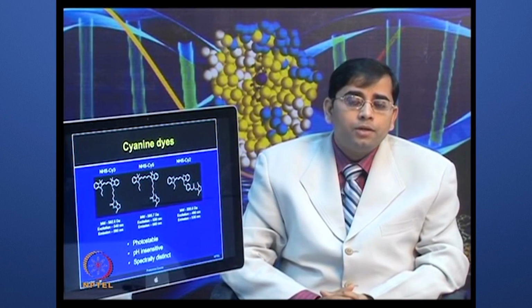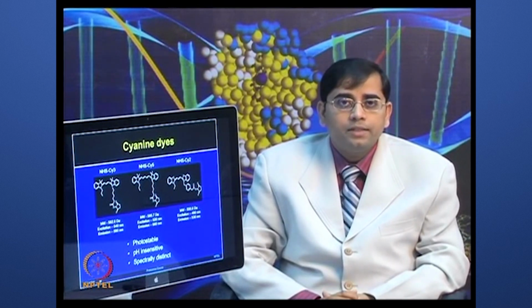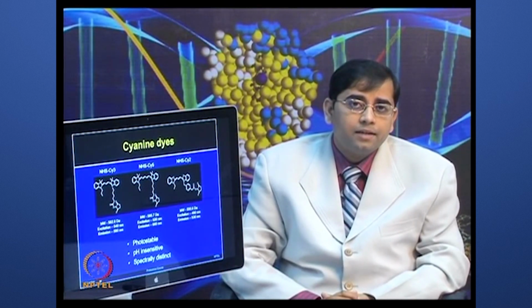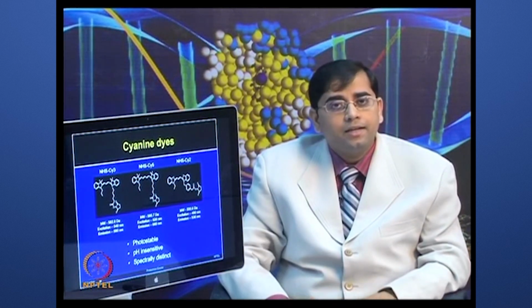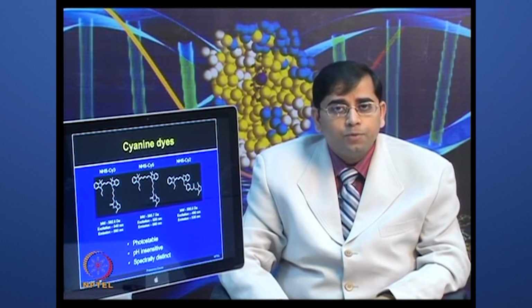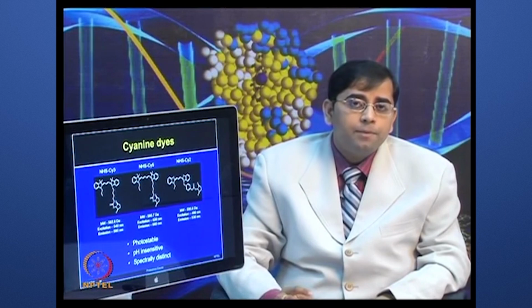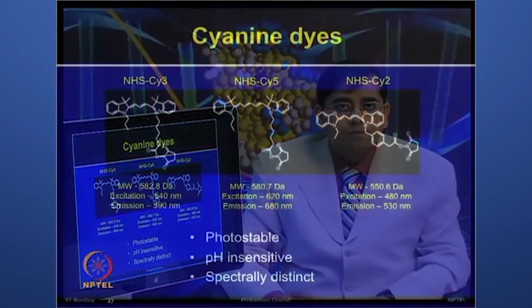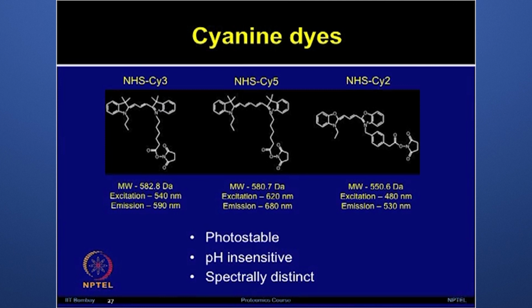Now, I will talk about the labeling methods used in DIGE technology. When we were talking about the two-dimensional electrophoresis workflow in the last class, we looked at different types of staining methods currently available, such as Coomassie, silver staining, SYPRO Ruby, and in that context I briefly described cyanine dyes. Now, in the DIGE technology, those cyanine dyes are used. There are 3 different Cy dyes, as I mentioned, Cy3, Cy5 and Cy2. The excitation and emission wavelengths of these 3 are defined.